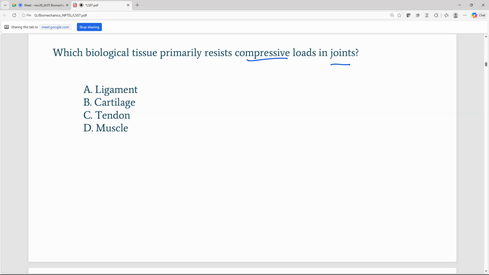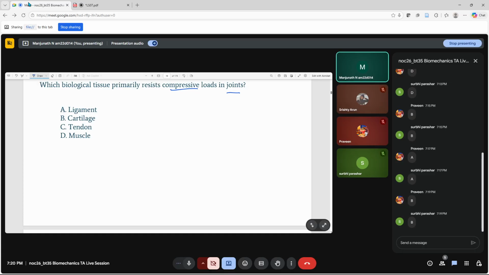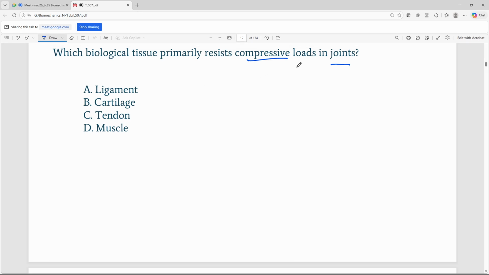Which biological tissue primarily resists compressive loads in joints? Answer is option B, cartilage.